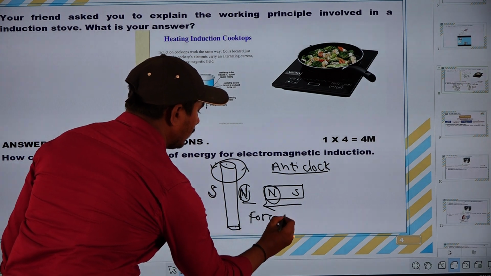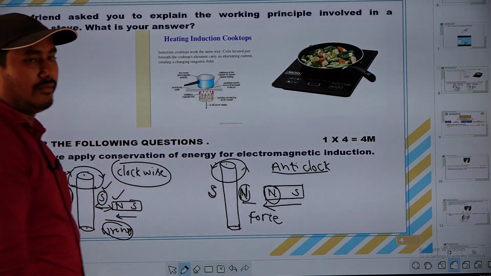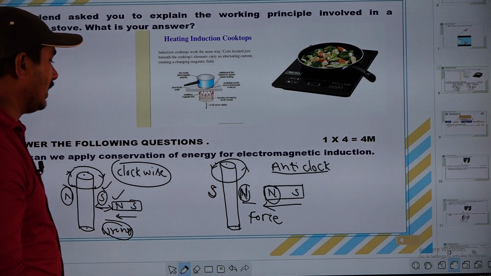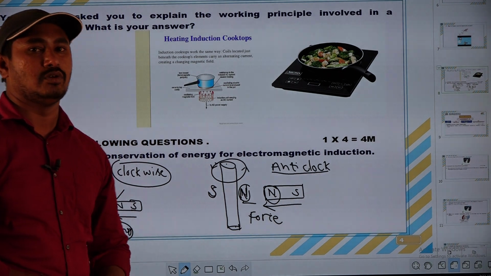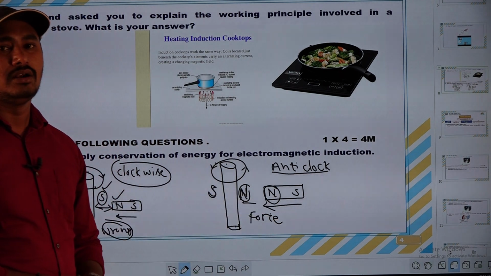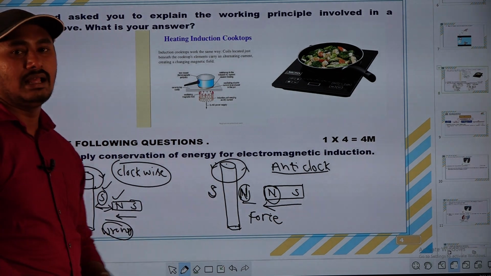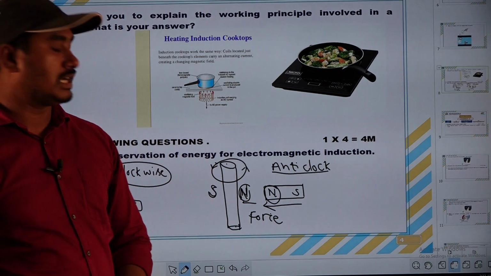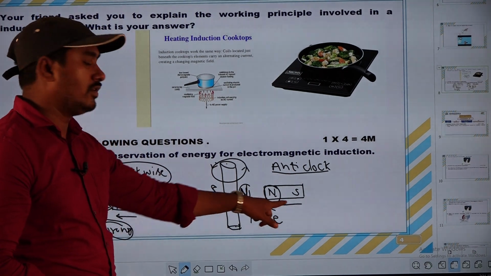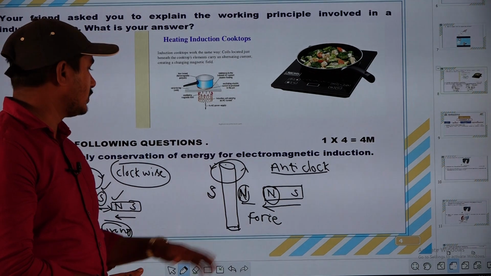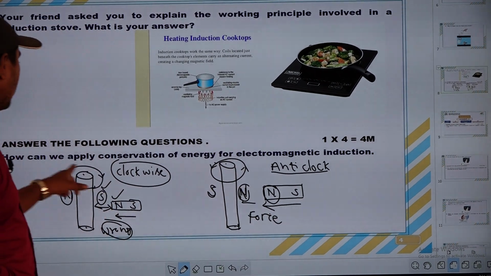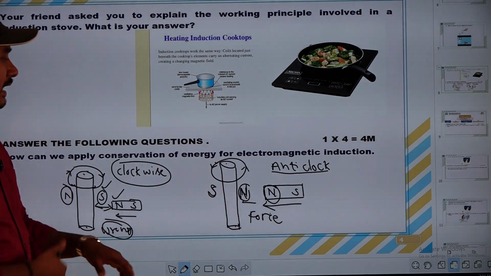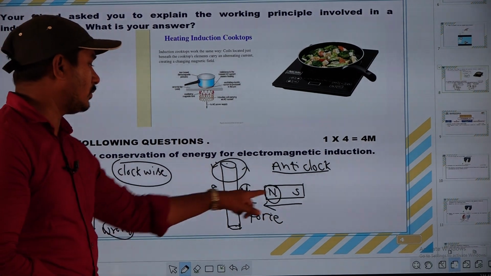When the repulsion is produced here, some force is produced. When force is produced, automatically some current is generated due to electromagnetic induction. That's why by using the magnet we are producing current here. So that process is the law of conservation of energy, meaning energy changes from one form to another form.